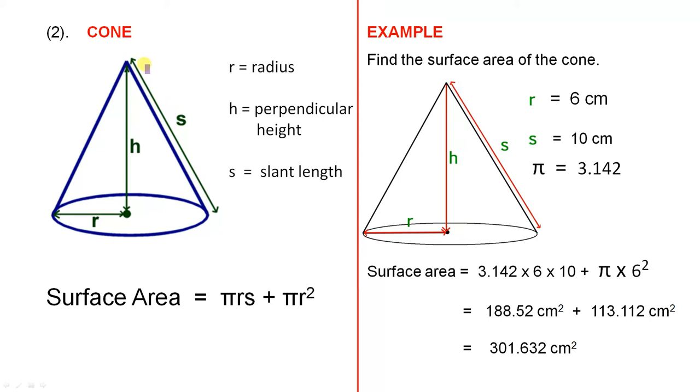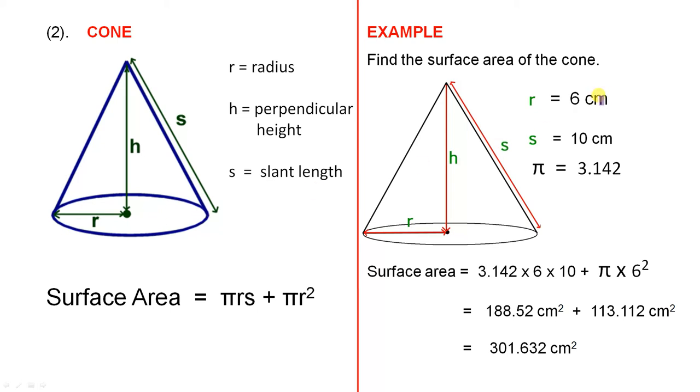And we have to use the slant side. So whatever that length is, we will be given that length or we'll be able to calculate it. It's pi r s. We have to know r and we will know s. Plus pi r squared, which is the area of the circular base.